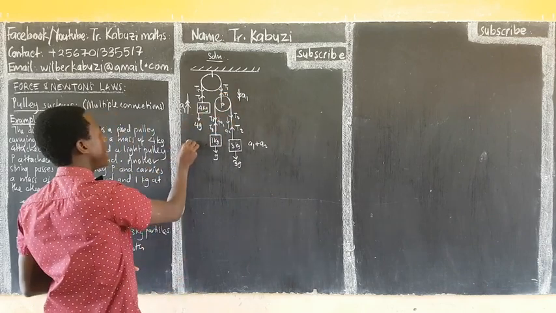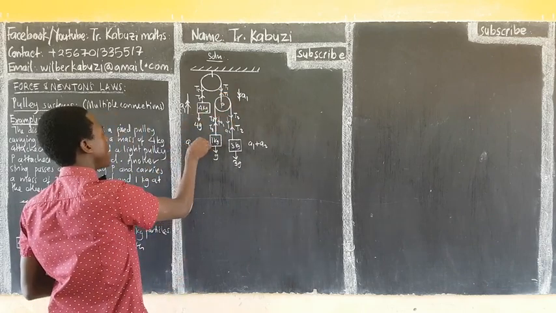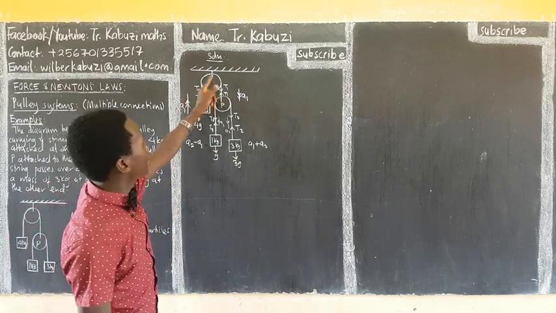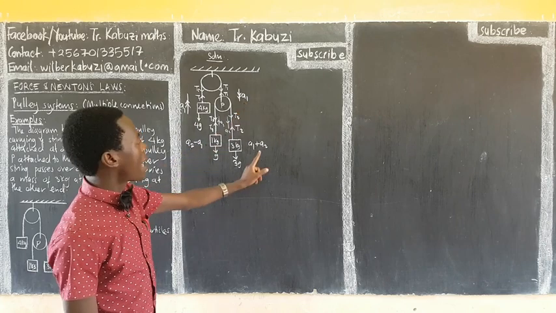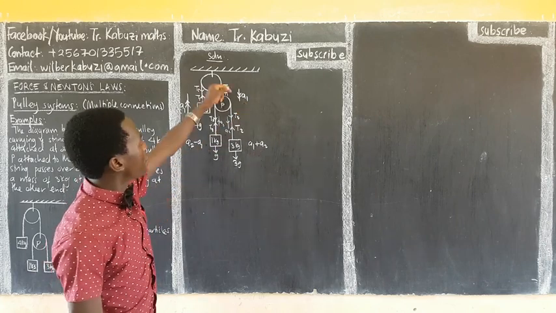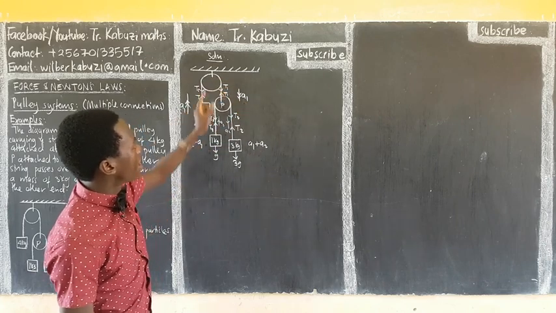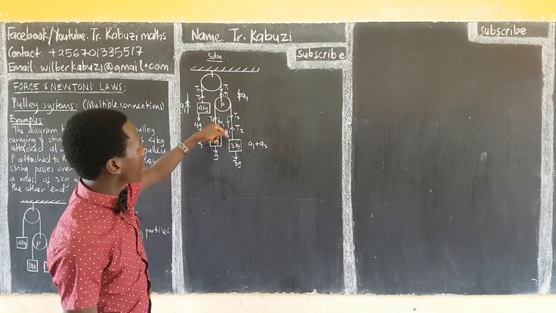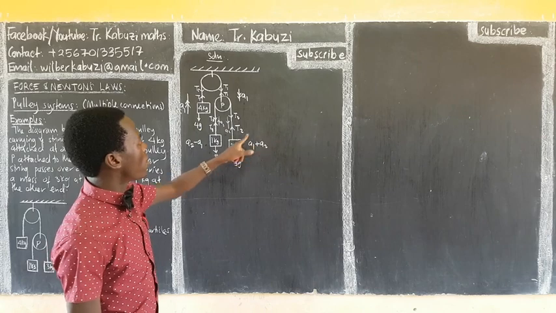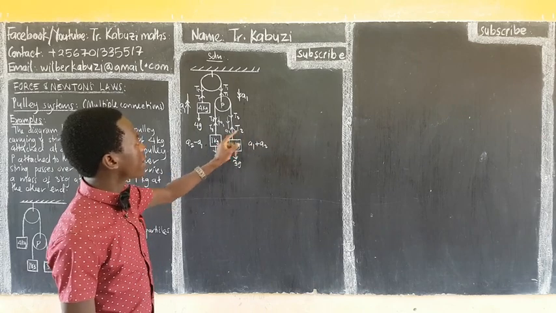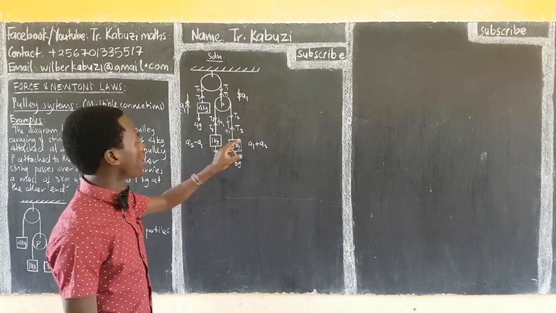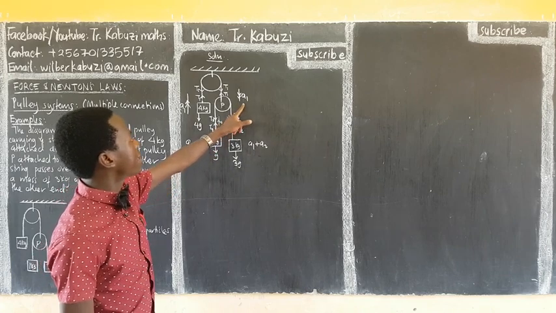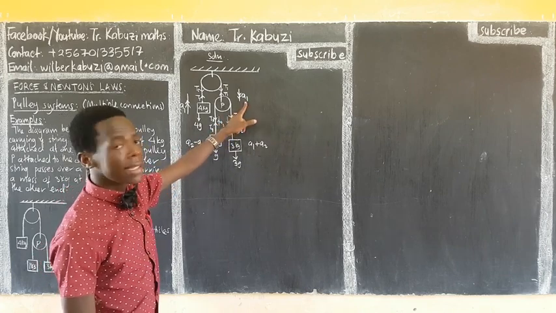So this one is going to be A2 minus A1, depending on the direction. If this one is moving downwards, you see that this one is also moving downwards based on this. So the overall on this is going to be this plus this, the overall acceleration. Then this one, because it's moving opposite to this, it's going to be now A2 minus this one.